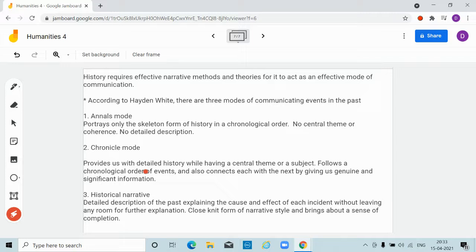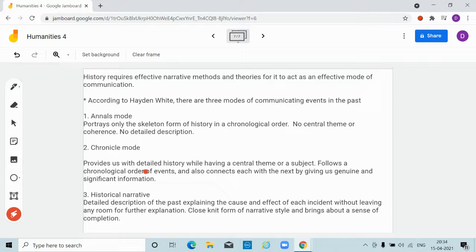Now, the third one, historical narrative or the historical mode. Even more detailed description of the past, explaining the cause and effect of each incident without leaving any room for further explanation. Now, this is the method adopted in the historical narrative mode. In the chronicle mode, detailed descriptions, significant information was provided, right?